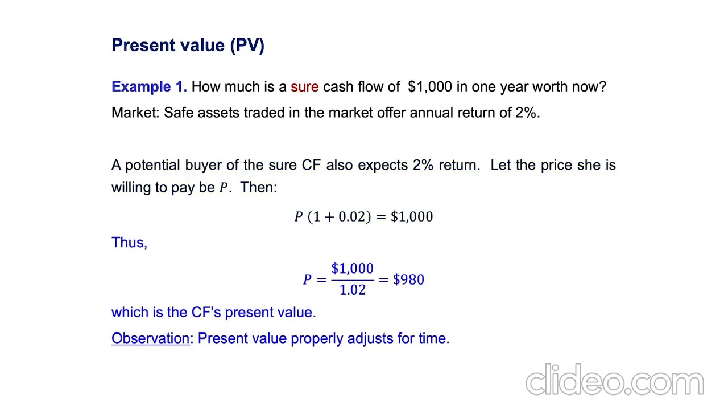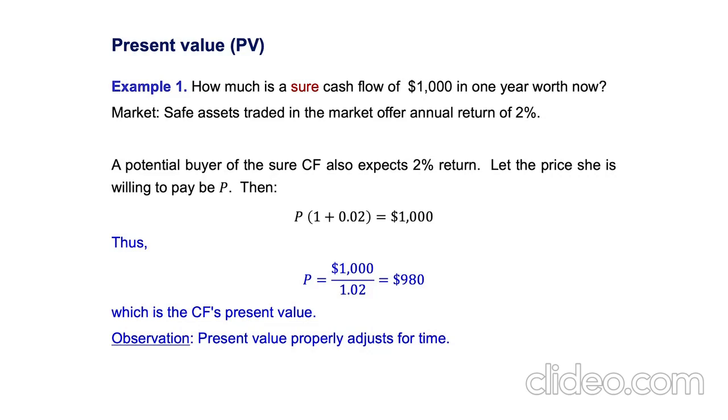We can solve this equation for the price, P, which would equal $1,000, that's the expected cash flow in this case with certainty, divided by 1 plus the expected rate of return, 2%. If we finish that computation, we're getting P to be $980. This is a rounded number.